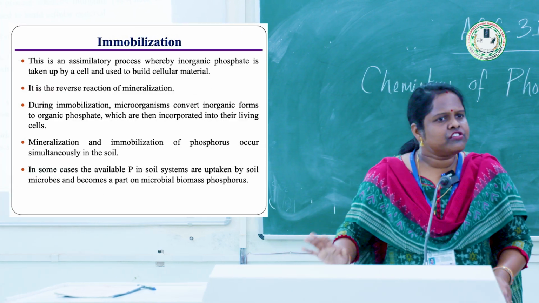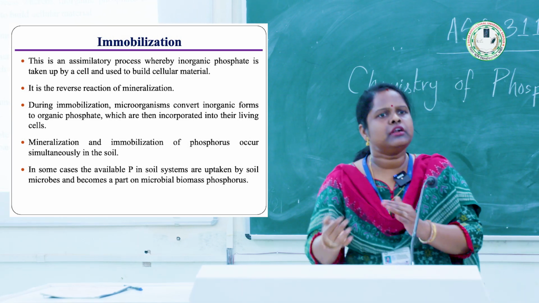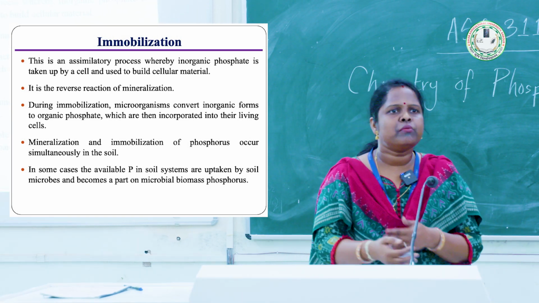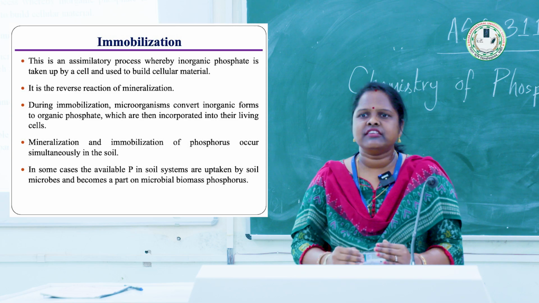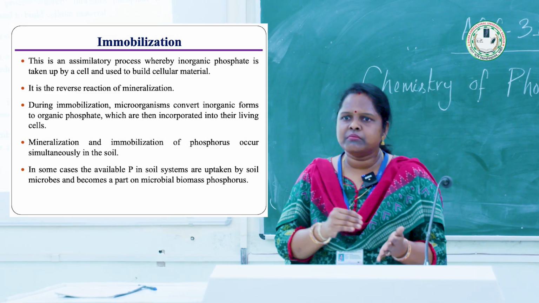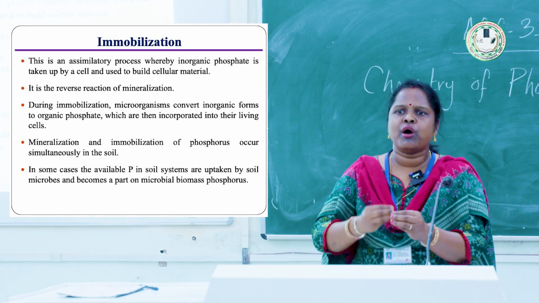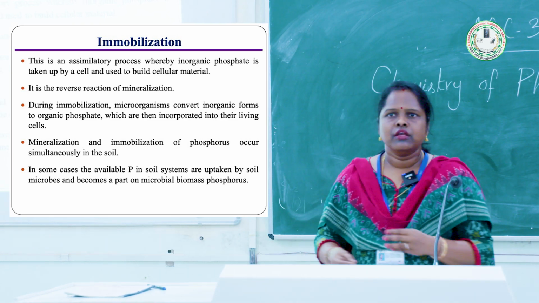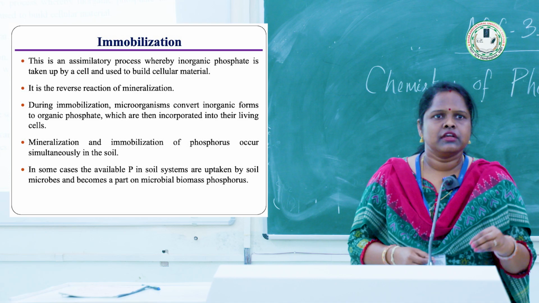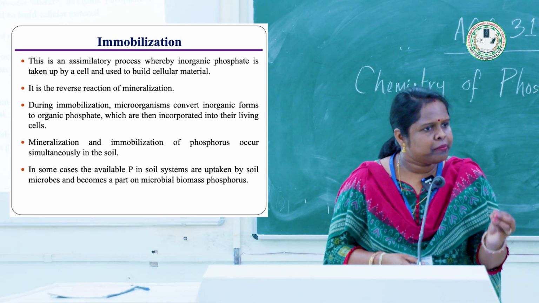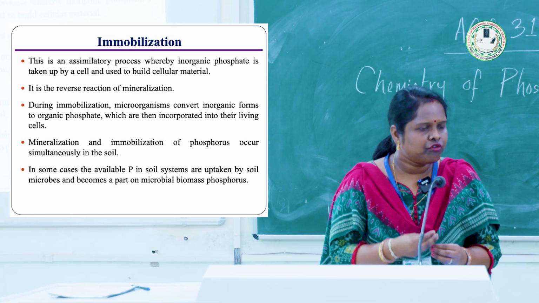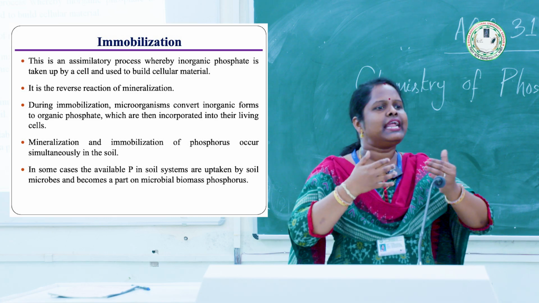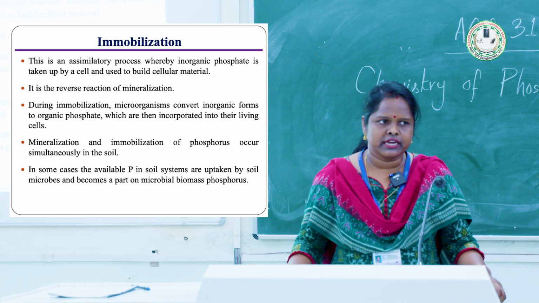So this is a process which is reversible to the mineralization. What is immobilization? Immobilization is the process of conversion of inorganic form of nutrient to the organic form. In case of phosphates, the inorganic phosphate ions are assimilated by the microorganisms.